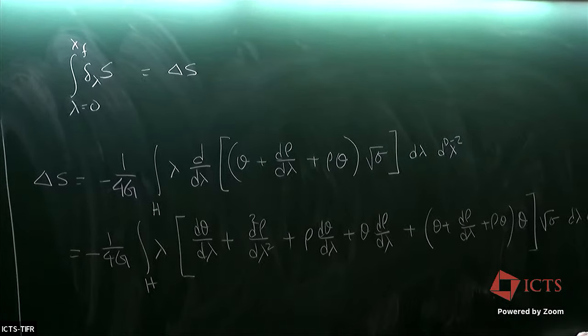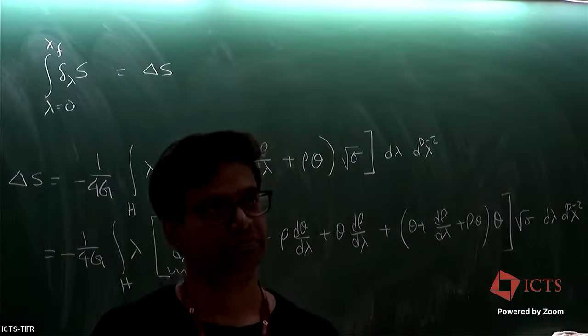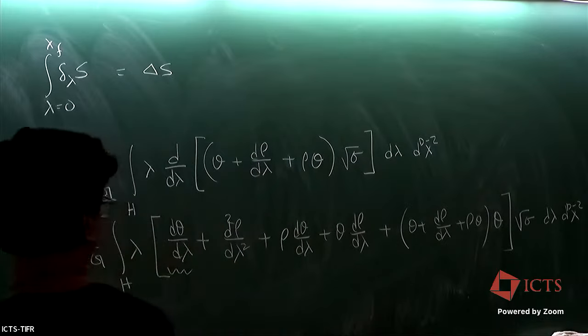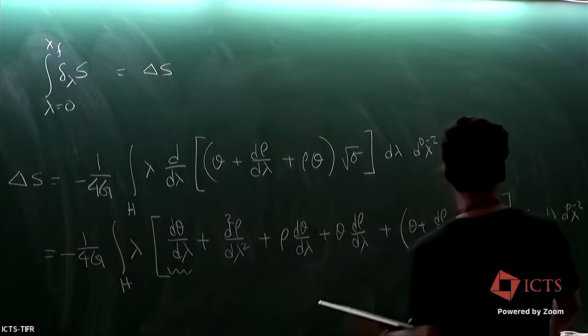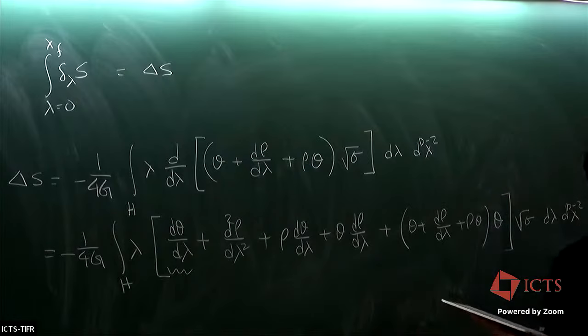Okay, so let me again explicitly write all those terms. Now, what is this d theta d lambda? I can use the Raychaudhuri equation. Okay, let's go ahead and write it. Maybe I'll go back there, because I need a long portion of the board. Is it okay if I write it? Can you see it? No, okay.